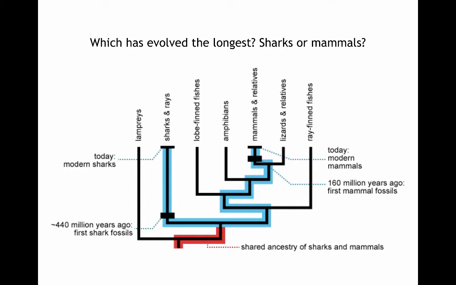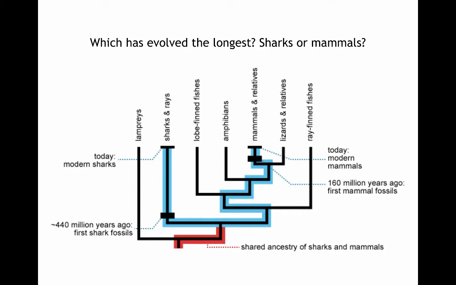You look at this and you're like, man, sharks have this really long branch. They branched off earlier. That must mean that they've been around or evolved longer. And also shark fossils show up back here 440 million years ago, whereas mammal fossils don't arise until 160 million years ago.